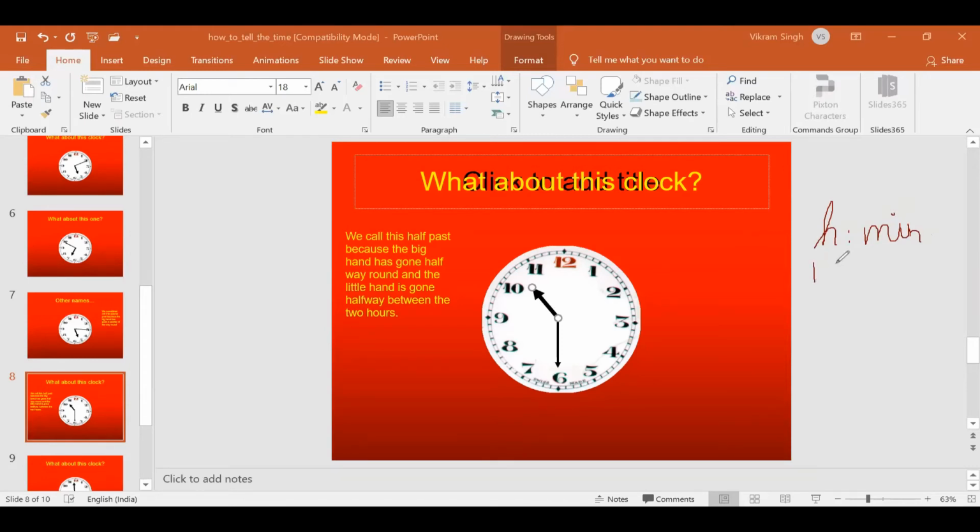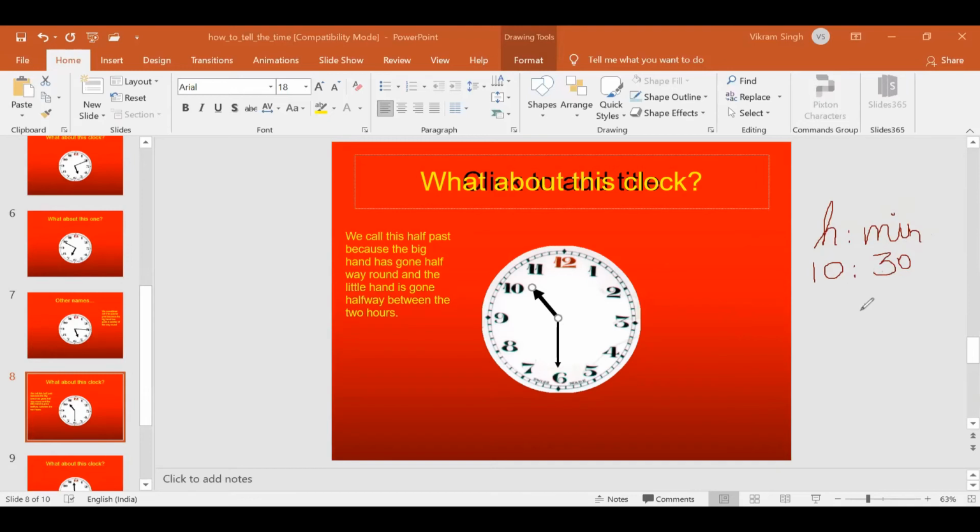So that means 10, not 11 because it has not reached up to 11. The minute hand is on 6. That means 30 minutes. So we will put this colon and then we will write down 30. So 10 for shorthand and 30 for longhand. This is the first way.